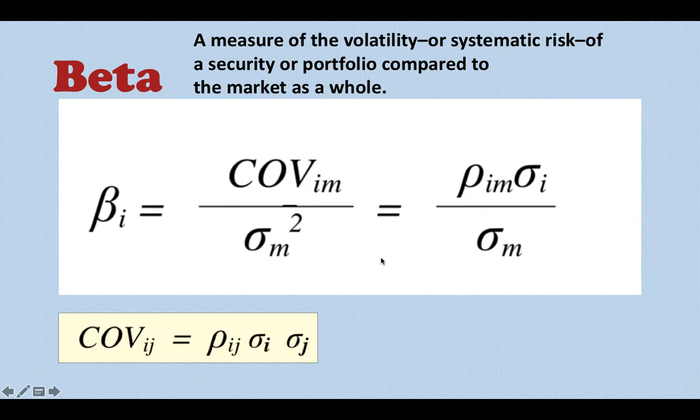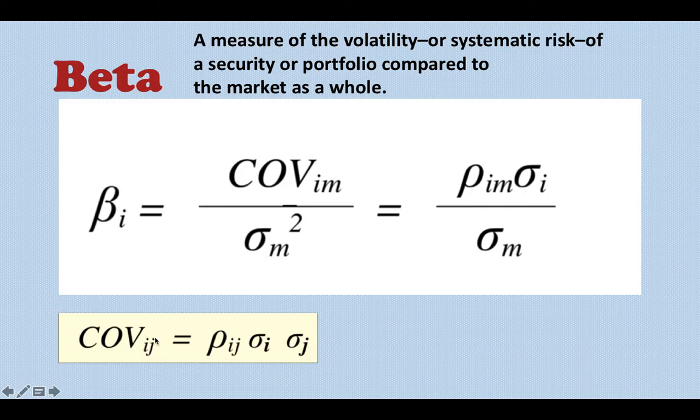This is the formula to calculate beta. Let's say this is the individual stock, beta i is equal to the covariance of the individual stock and the market, divided by the market variance.